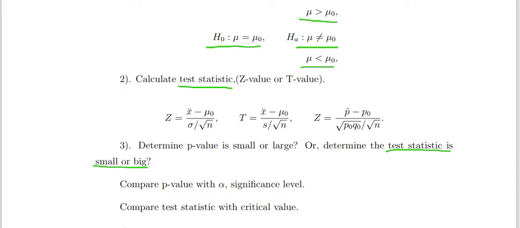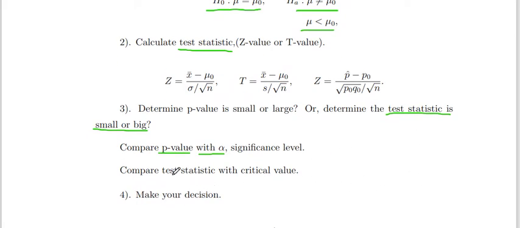So how can we determine whether this test statistic is big or small? We have two ways. The first one is the p-value. We just compare the p-value with alpha, which we call the significance level.